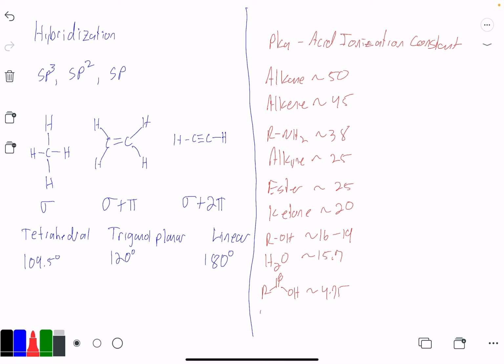And then lastly, I would say hydronium. Hydronium has a pKa of approximately negative 1.7. So if you learn these, it will make your studies in organic chemistry so much easier, because this is going to be one of the things that governs reaction synthesis.